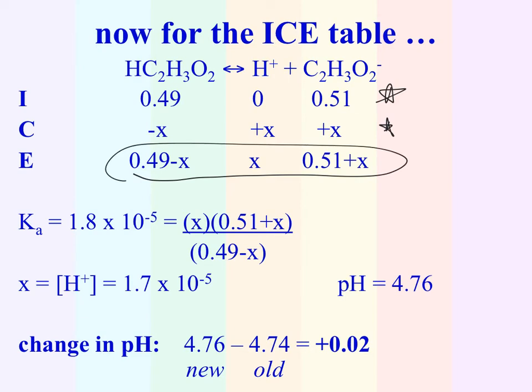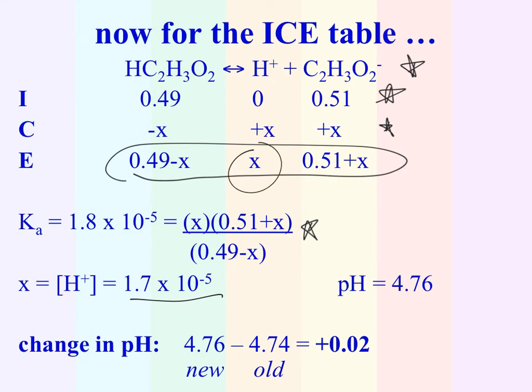I'm going to set those equilibrium concentrations into the equilibrium expression for the ionization of this acid. And of course I'm going to make the assumptions that I have in the past. I'm going to assume that the x's are very small with respect to the overall change, and that's going to simplify my calculation, and I'm subsequently going to find that x is equal to 1.7 times 10 to the negative 5.